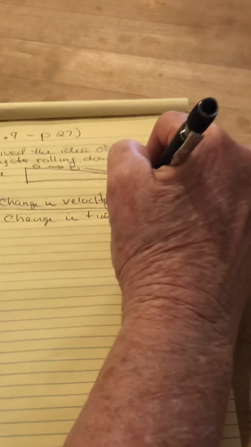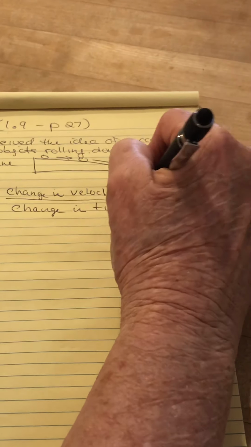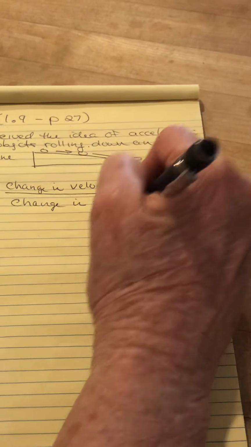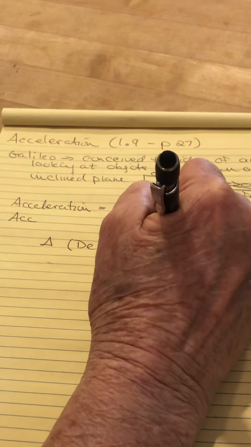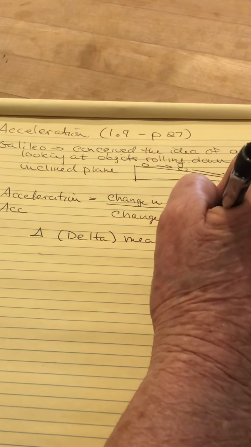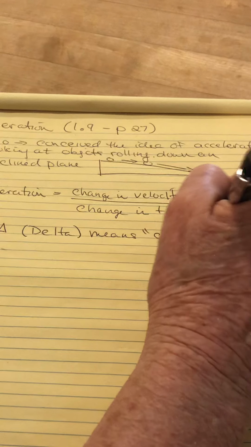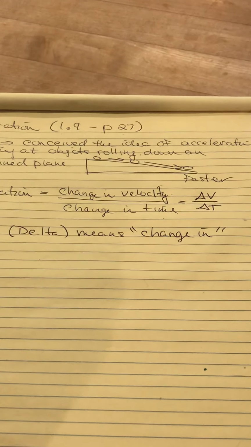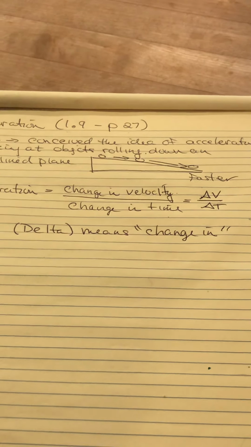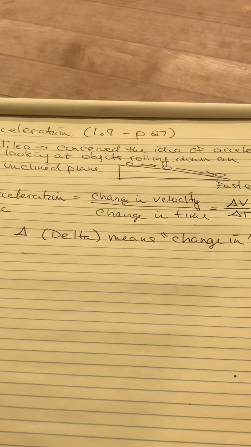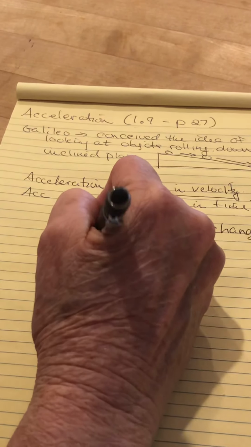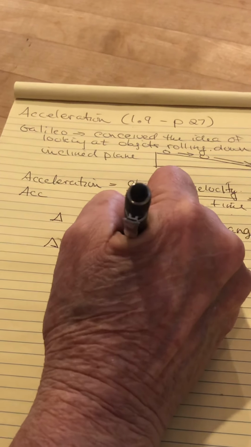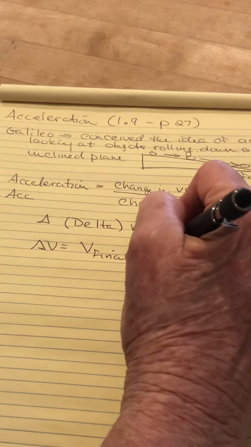This is sometimes written as dv, or delta v over delta t, where delta, that's a Greek capital delta, means change in. Okay, and so we have acceleration is delta v over delta t, where delta v is always the final velocity minus the initial velocity.